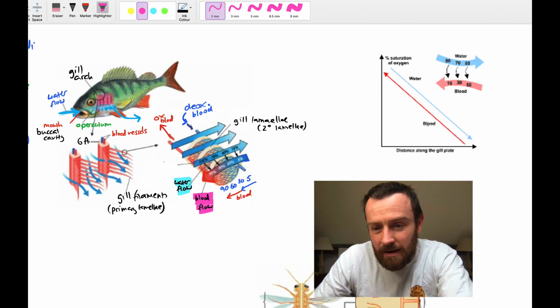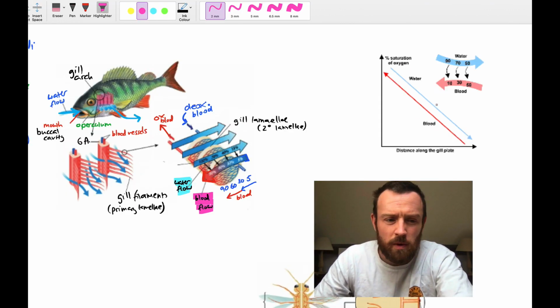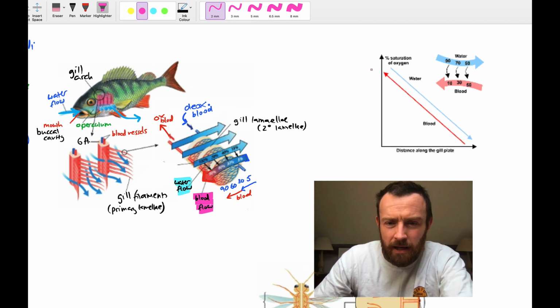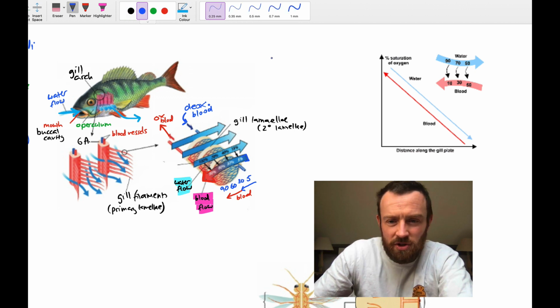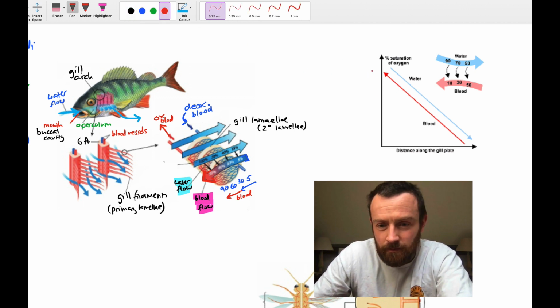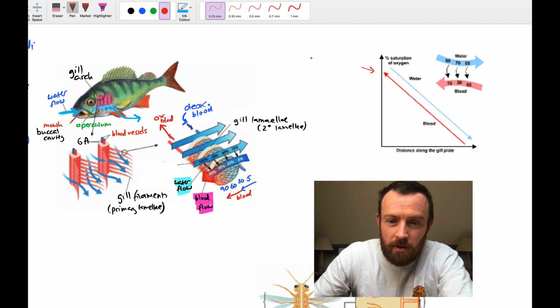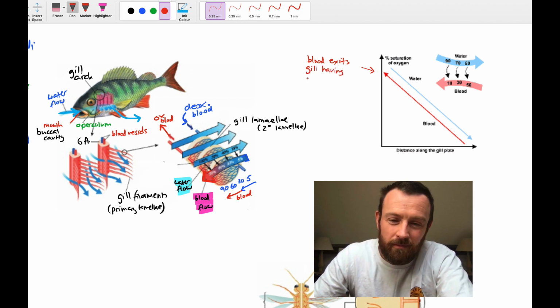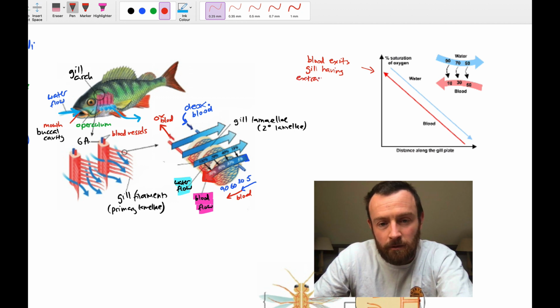Okay, so here's that diagram. We've got the blood flowing this way, the water flowing this way. I suppose there's not much that we need to do in terms of the labeling, but I think we should say that blood exits the gill having, let's say, extracted most of the available oxygen, most of O2 available.